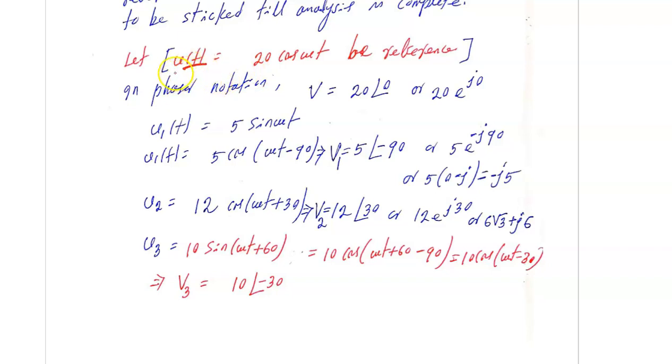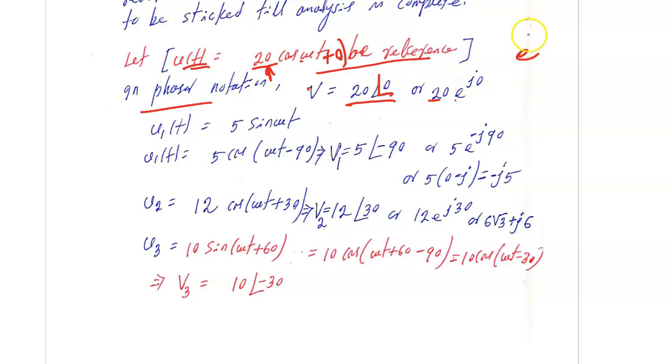We'll go step by step. V(t) equal to 20 cos omega t be the reference. In phasor notation, I can write, see, this is the amplitude and the phase is 0. So I can write 20 angle 0. That indicates 20 e raised to the power j0.